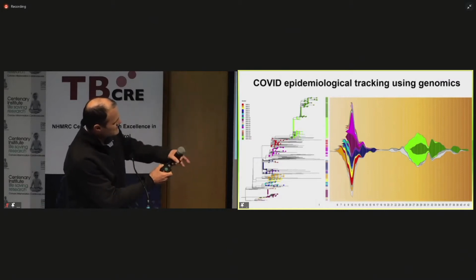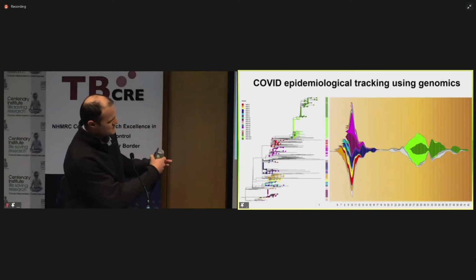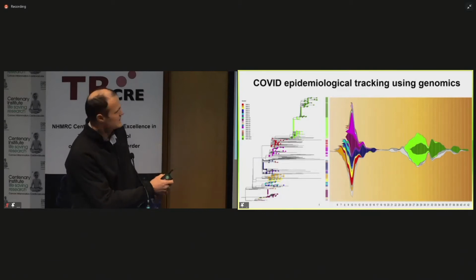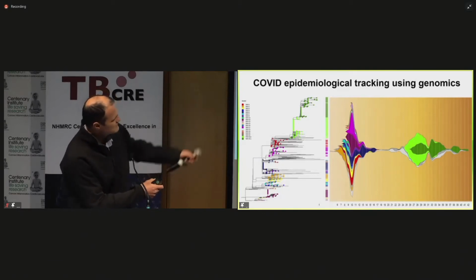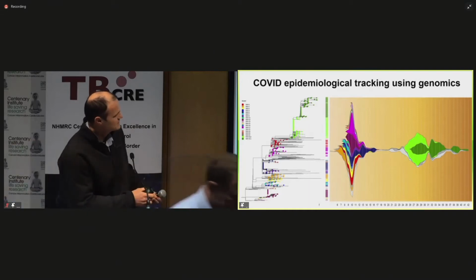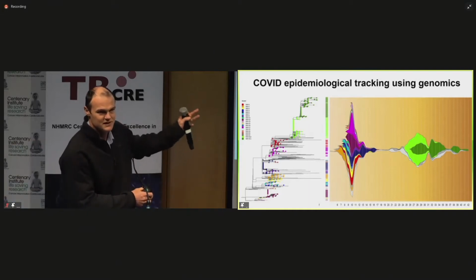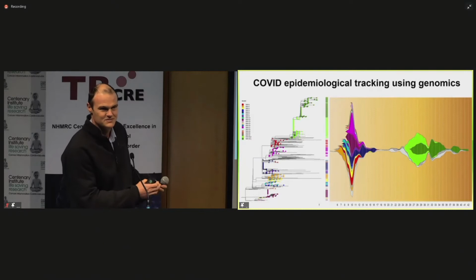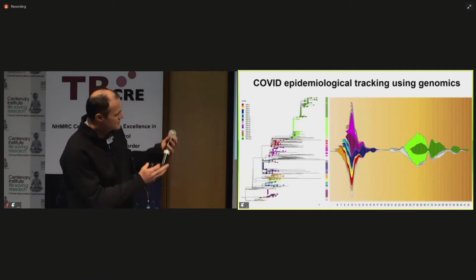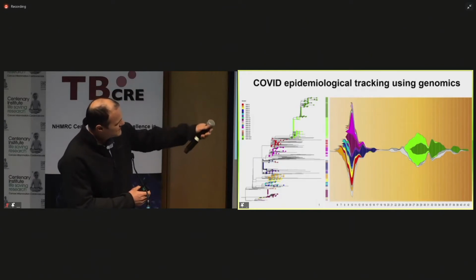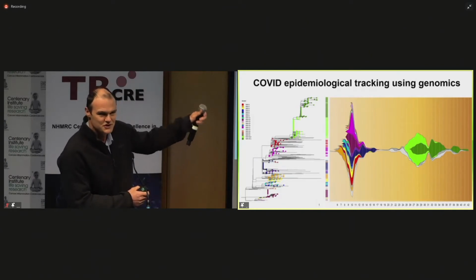Essentially, the y-axis is the frequency of strain occurrence and the x-axis is time. And you can see how with the first wave in New South Wales, at the beginning of the epidemic, we had the introduction of multiple strains coming through different ports, whether this was through our ships or coming from Iran or China, but we can track the time to elimination for each of those strains.